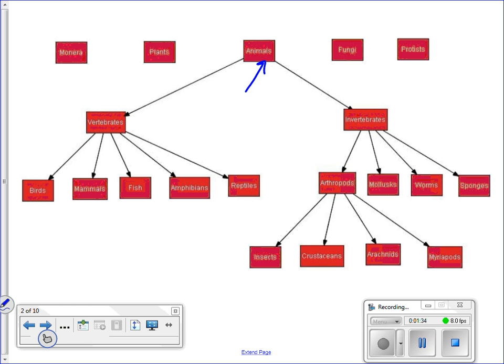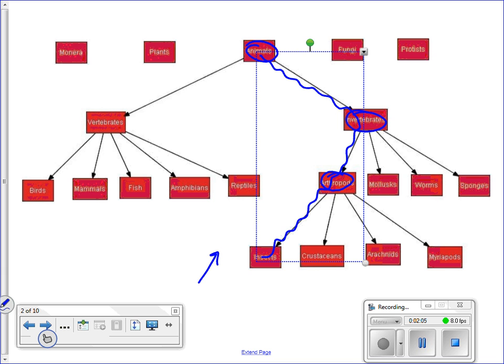If I was talking about insects, all insects are arthropods, which are invertebrates that are part of the animal kingdom. This represents its genealogy, or its lineage. Insects have all the characteristics of arthropods, invertebrates, and animals, but something special makes them an insect versus, let's say, a crustacean.